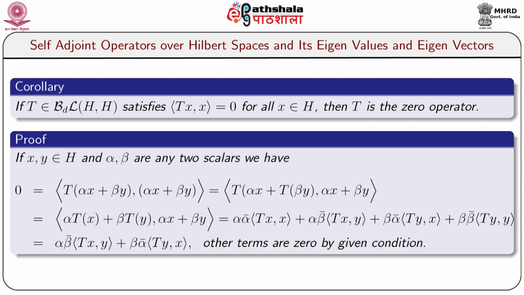If T belongs to B(H, H) such that inner product ⟨Tx, x⟩ equal to 0 for all x belongs to H, then T is the 0 operator. The proof follows like this.